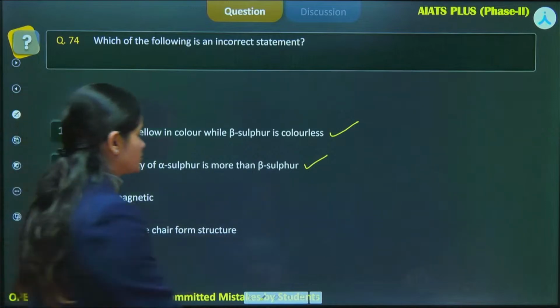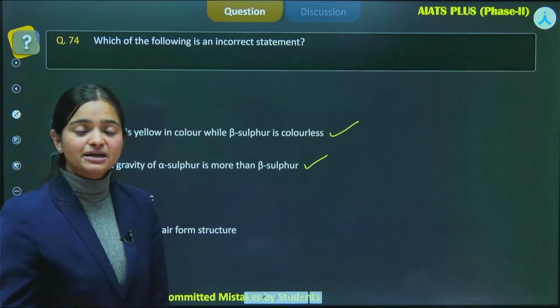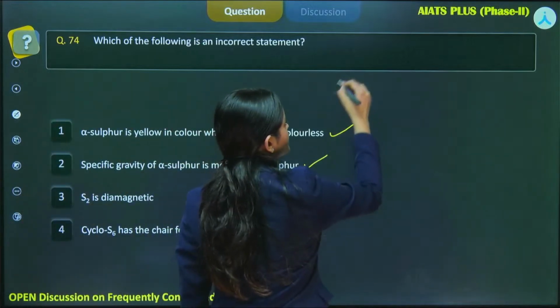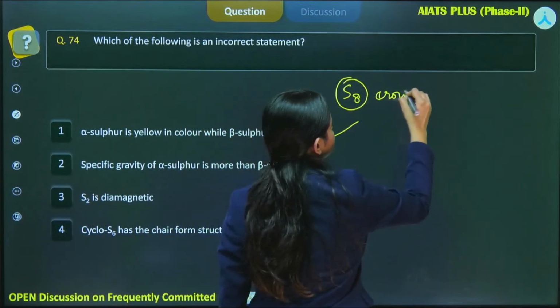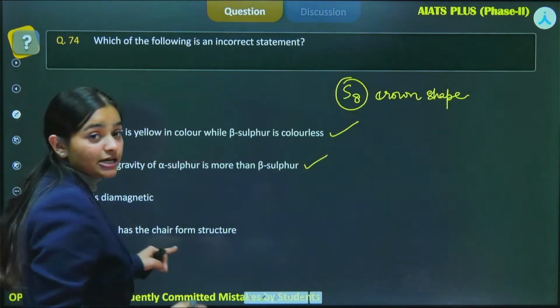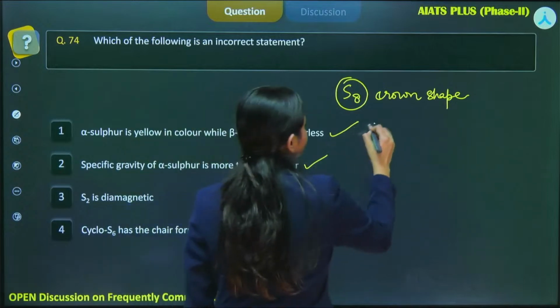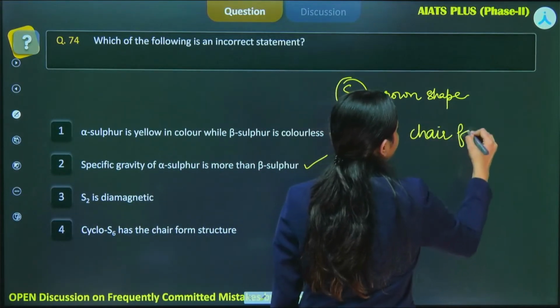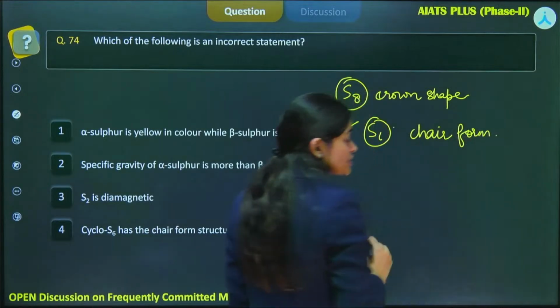This is a very correct statement, that is, rhombic sulfur and monoclinic sulfur exist in the form of S8, so they form a crown shaped structure, whereas cyclo-S6, another form, forms a chair form.